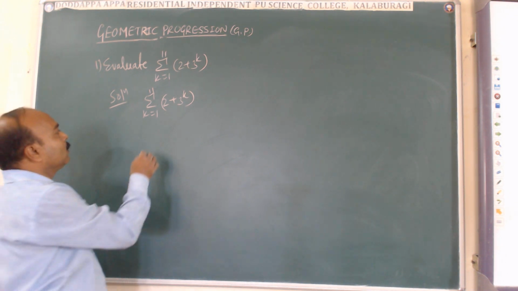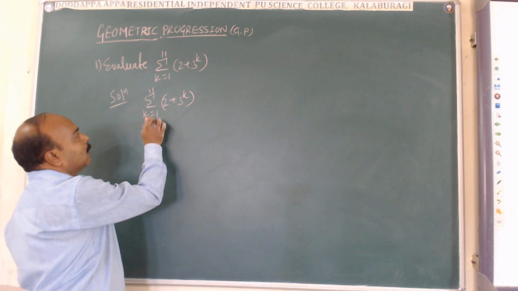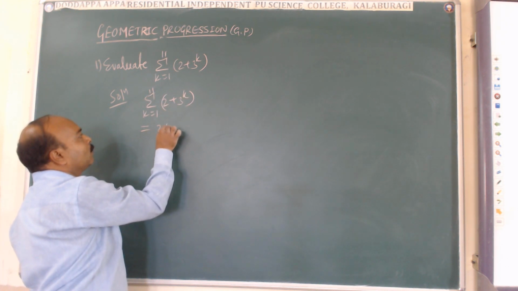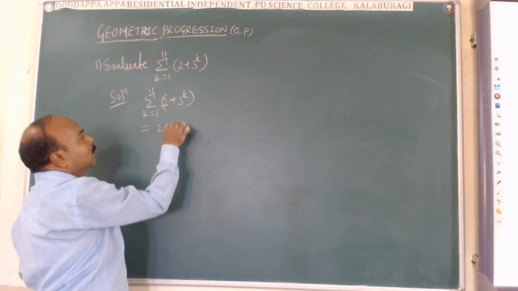Now the meaning of this is that k is considered from 1 to 11. If you take k equal to 1, you get 2 plus 3 power 1.